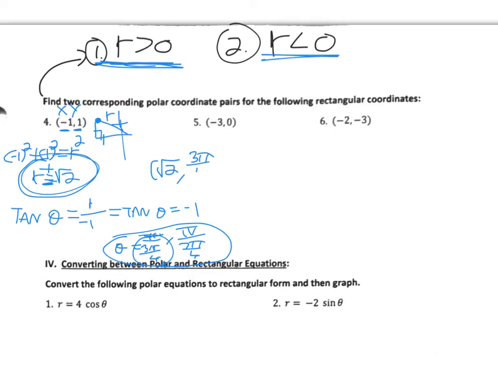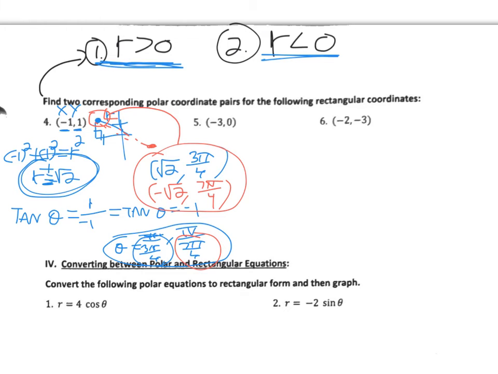When I make that radius negative, then if you add 180 degrees to it, it's just going to move in a straight line. It's going to be right here, in the fourth quadrant. That's where we're going to use this. So the second point is going to be negative root 2, 7 pi over 4. If I graph those, both of these are going to lie exactly right there.